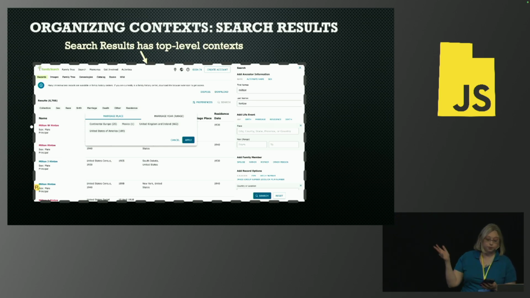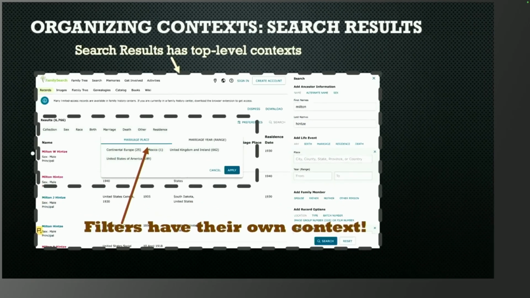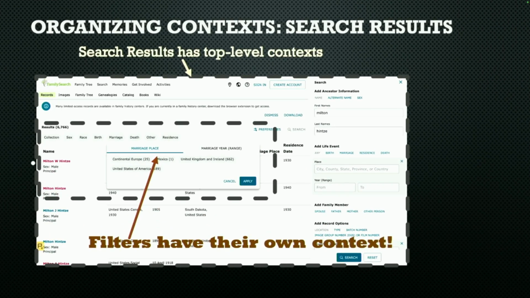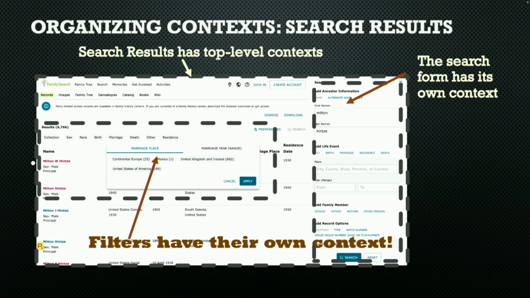This is a search results page. It has some top level context. The filters over there have their own context, and then the component on the side has its own context. And some of these inner components might be used independently from the search results, and so they are built to be able to work together or not as needed.